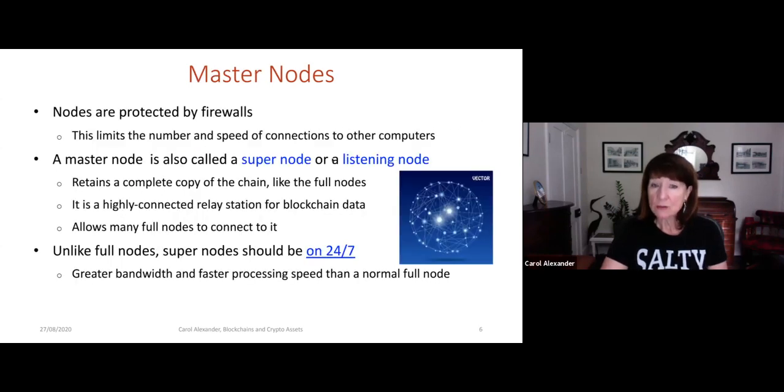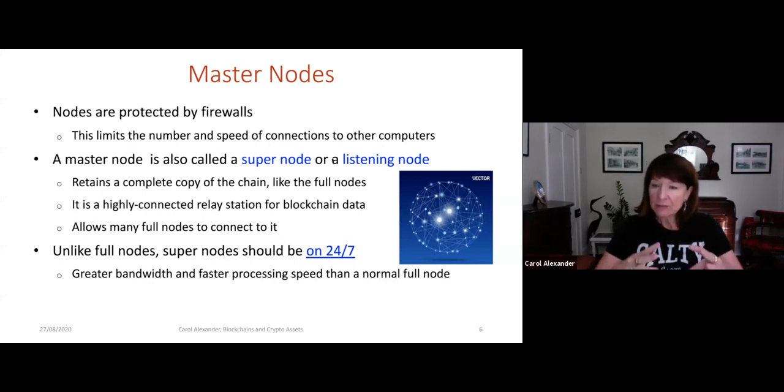Master nodes are also called supernodes or listening nodes, and these have greater bandwidth and faster processing speed than a normal full node. It's because the firewalls that nodes have, all computers have firewalls nowadays, will limit the speed of connection to other computers. So master nodes are really big computers. Basically, they're a sort of highly connected relay station for blockchain data.